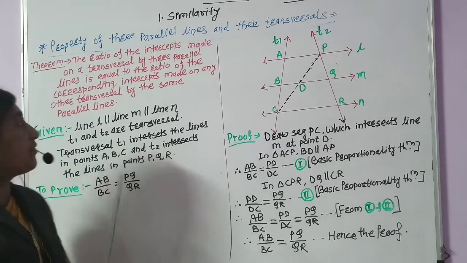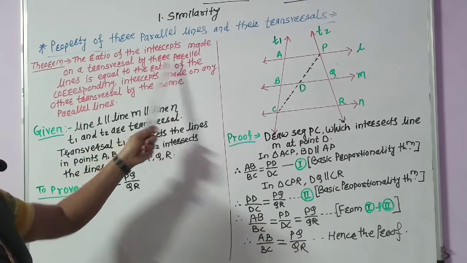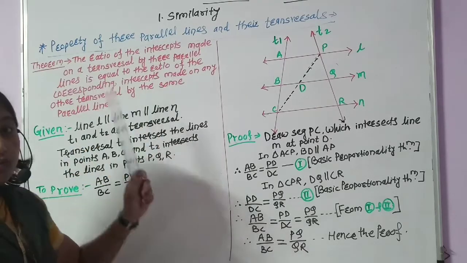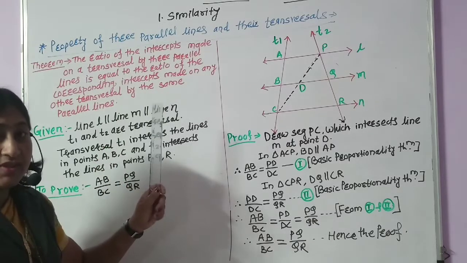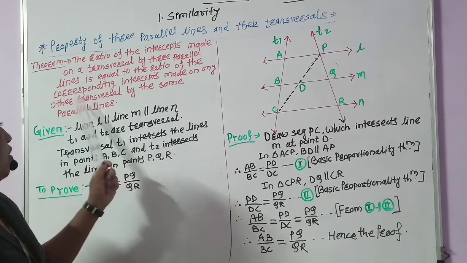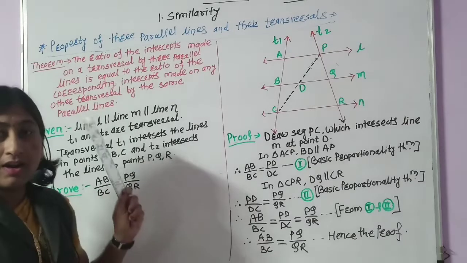See again, the ratio of the intercepts made on a transversal by three parallel lines is equal to the ratio of the corresponding intercepts made on any other transversal by the same parallel lines.